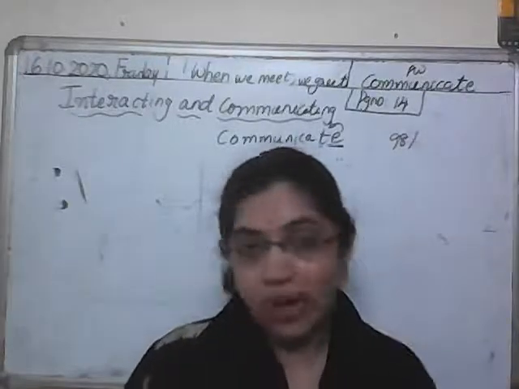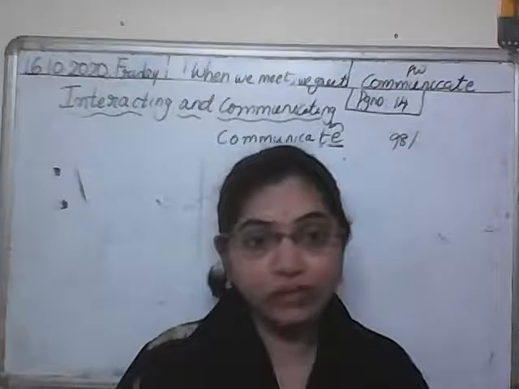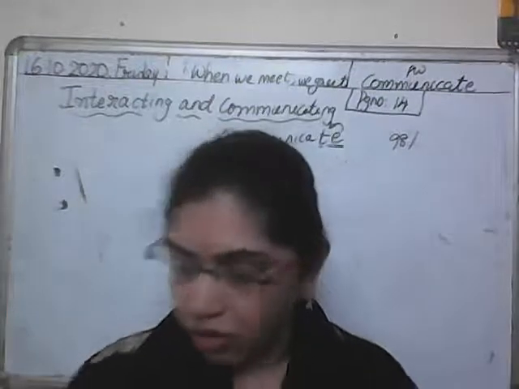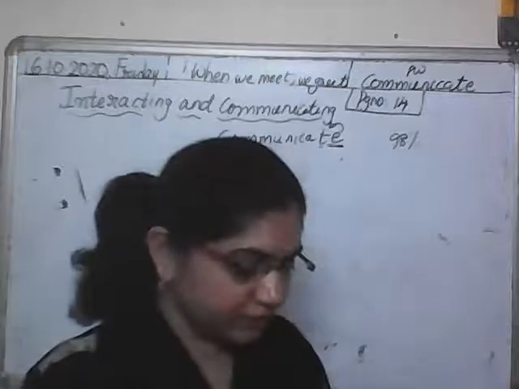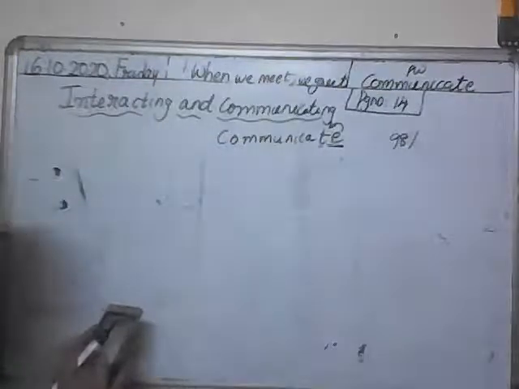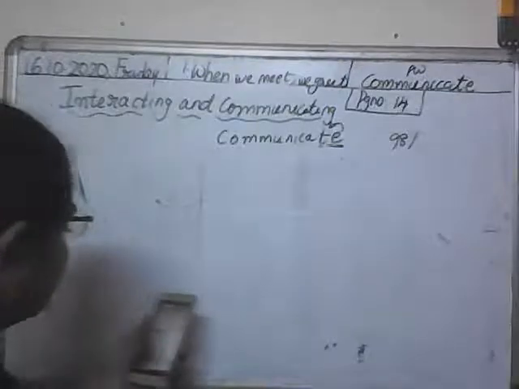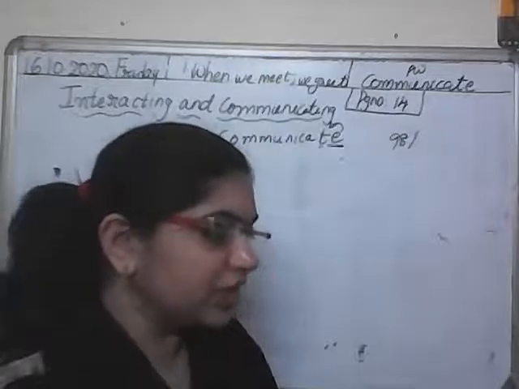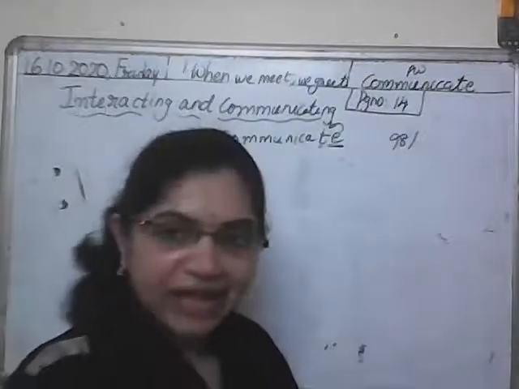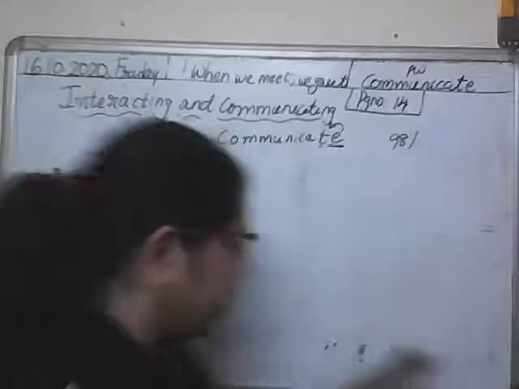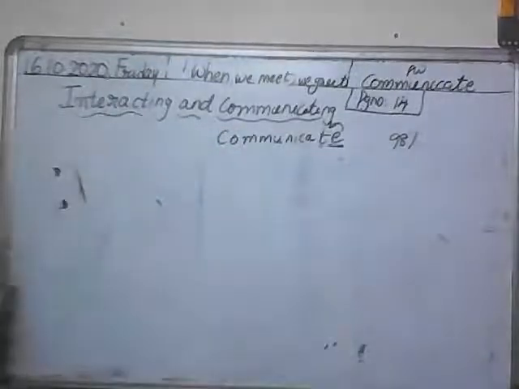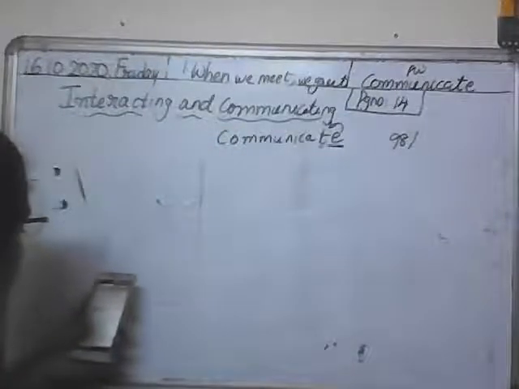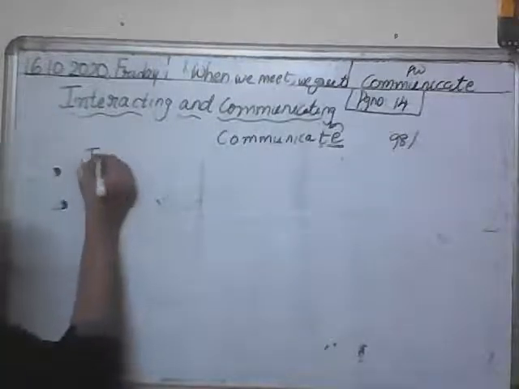Now let's see one such conversation where three friends are there. A conversation between three children, and this is on page number 14 in your textbook. Before you listen to this conversation, let me read out the lines for you. Here we have three characters: Joseph, Nikita and Arun.